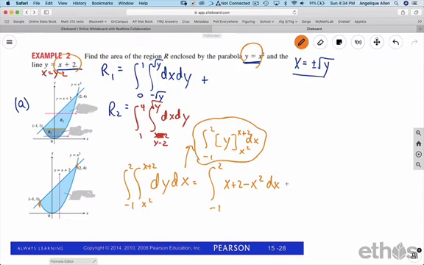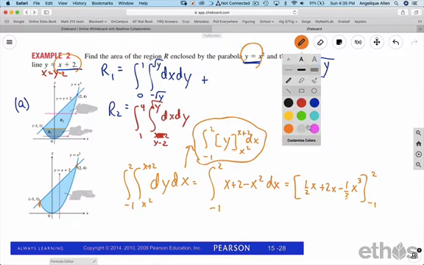Okay. So integrating with respect to x, we're going to end up with 1/2 x squared plus 2x minus 1/3 x cubed. You're going to get really good at the power rule if you're not already. Now we don't have any zero limits, so we have to do some substituting in here.